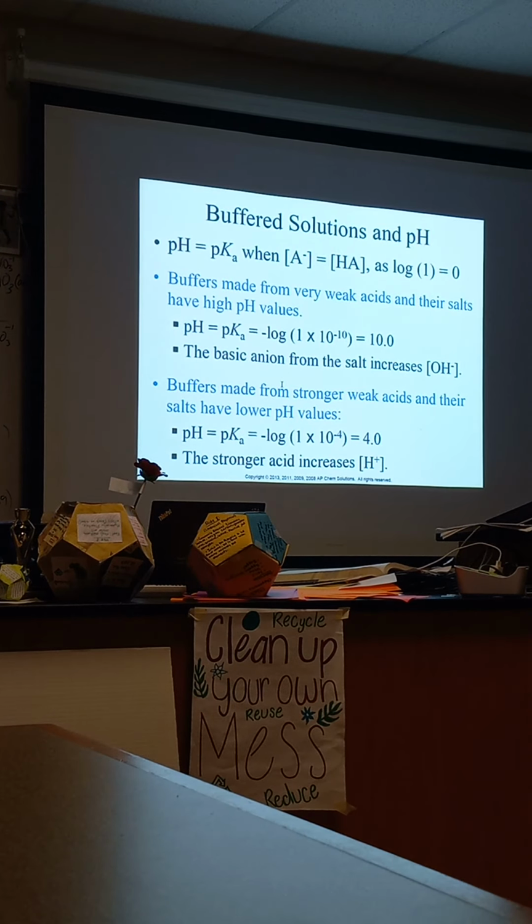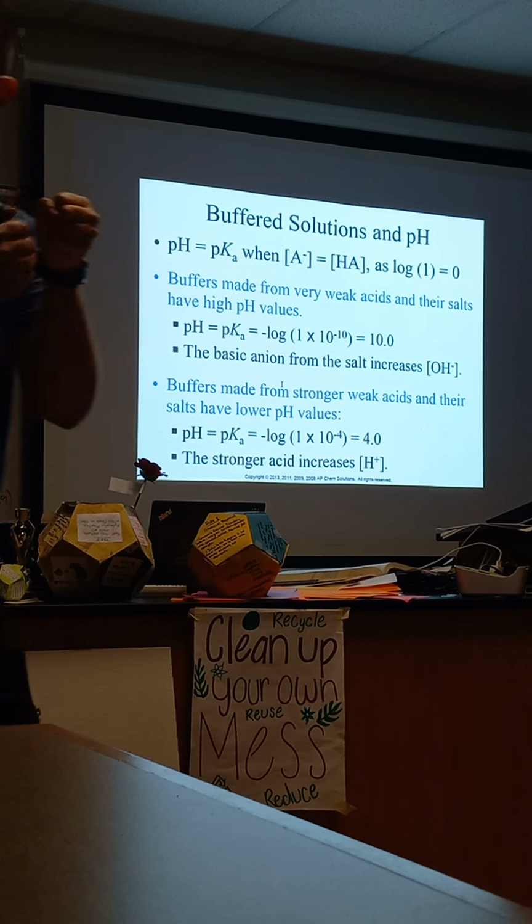This is kind of a stupid question, but since buffers kind of resist changing pH values, why is it that buffers are measured by pH values? Oh, no, they resist a change in it, but every buffer has a different pH that it'll be close to. It plants its flag here.